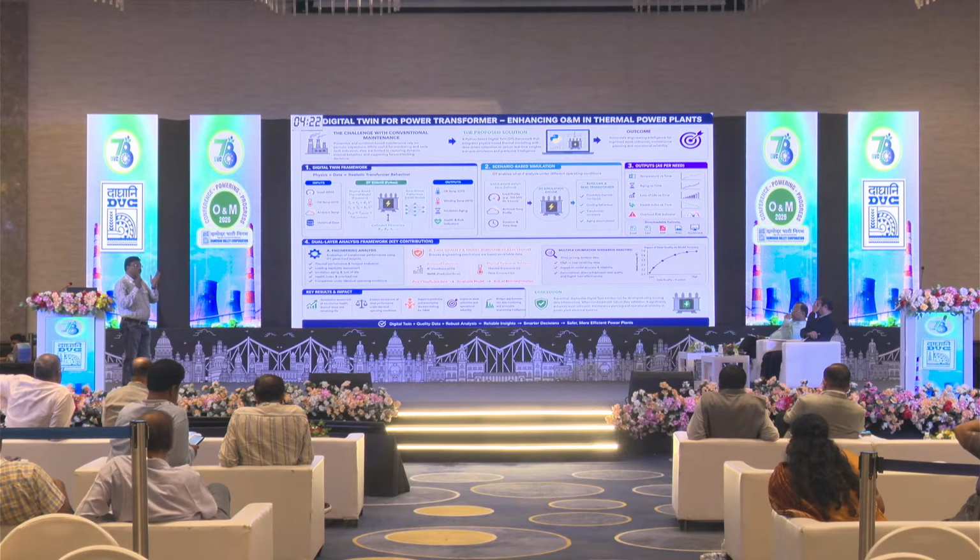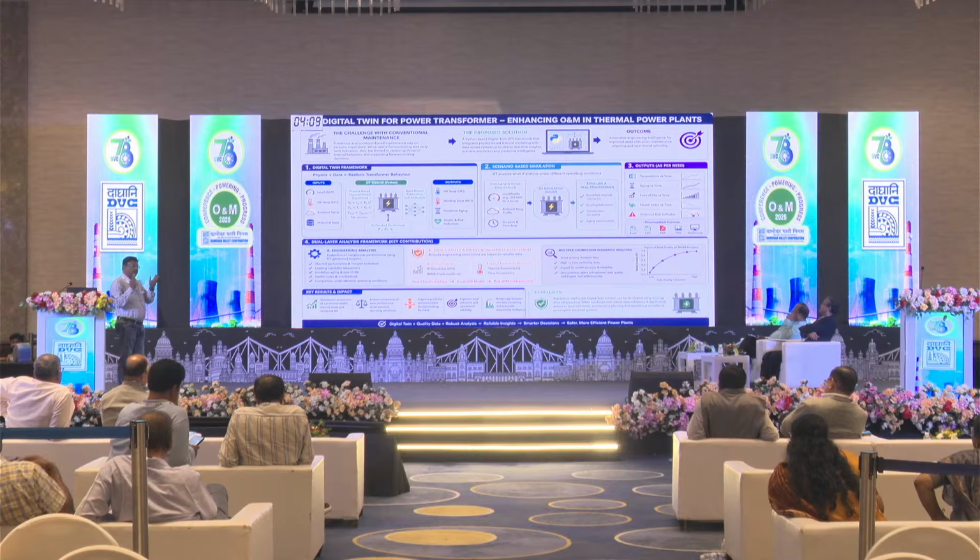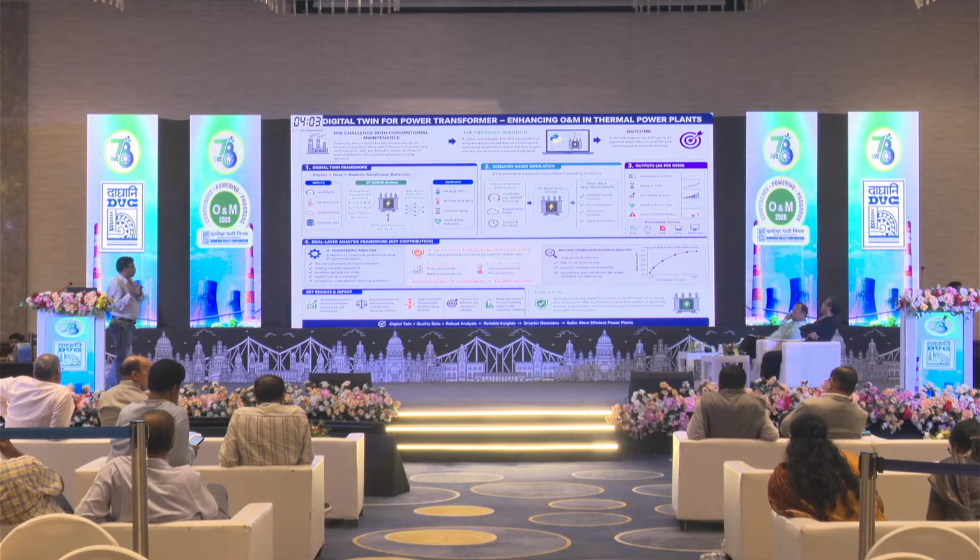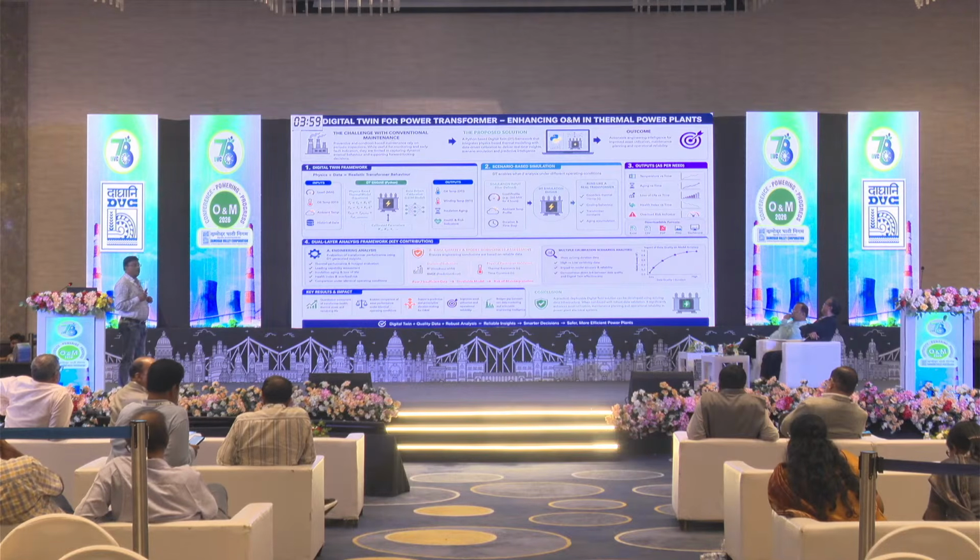So it is not trained for the whole range of data. Since it has learned the behavior only between 250 and 310, it can predict the OTI, WTI in this range only. Beyond that, if we want to predict below 250, its prediction may be wrong. Therefore, the R square value was coming 0.1 for me.